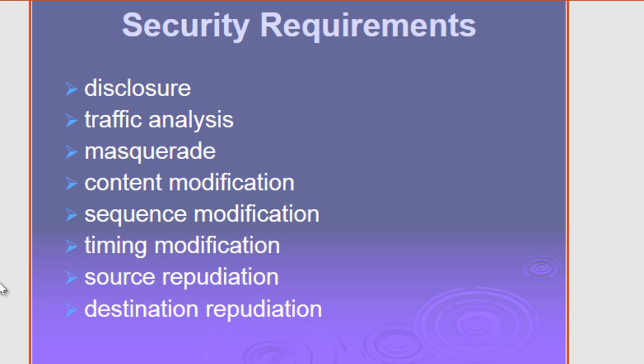If the timestamp is written 2015, this is the present year's message. So if we have to accept only the present year's message, and any attacker changes the time from 2014 to 2015 and sends it to us, we accept this because it says 2015. Such a timing modification can be done by the attacker.